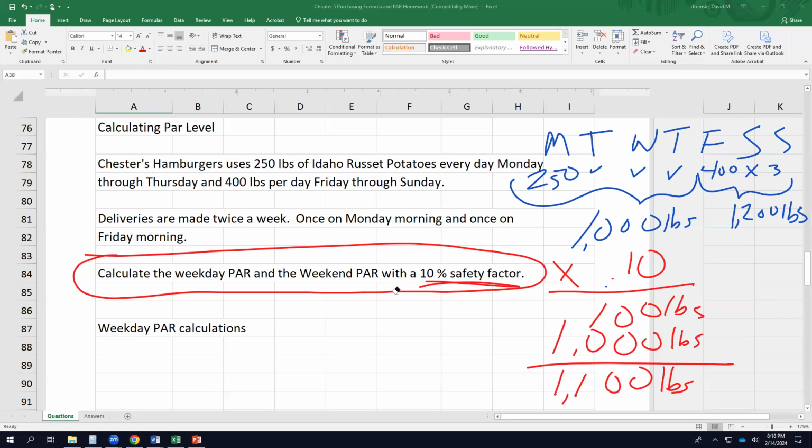Now, if we're multiplying the same thing for our weekend by 10%, in this case it is 120 pounds.